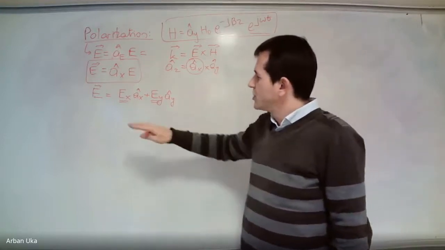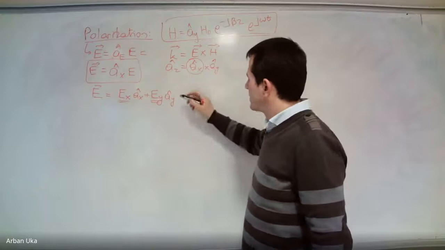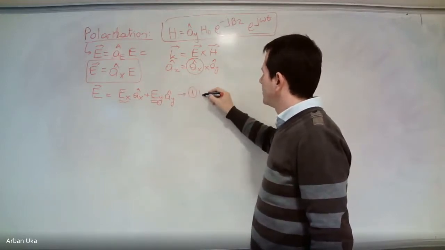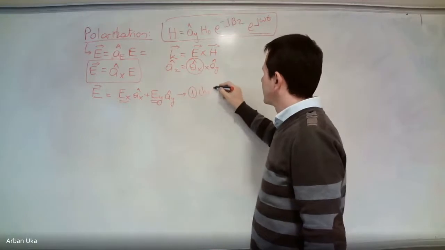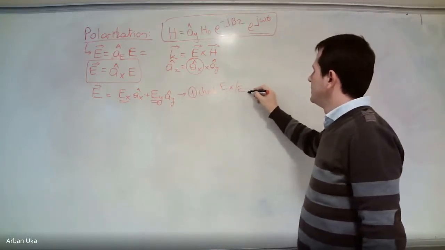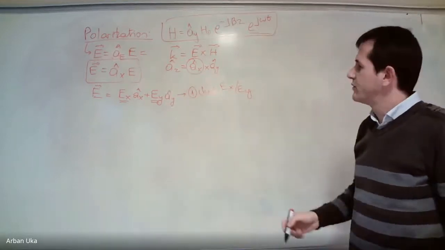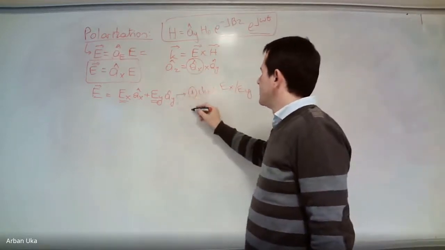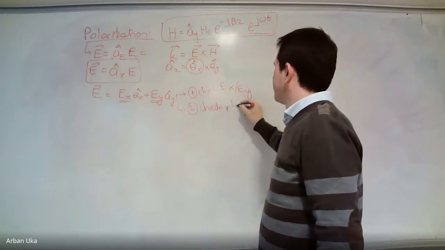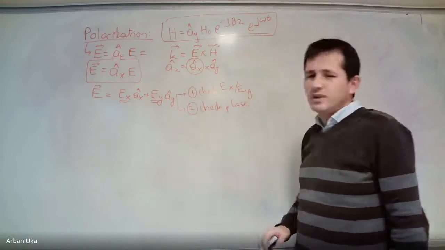So, for a general description of a wave that looks like this, we have to look at two major components. One, let's write it like this, check E_x over E_y, okay? Check whether they are equal. That's the first thing. The second thing is check the phase. What is the phase between these two waves?